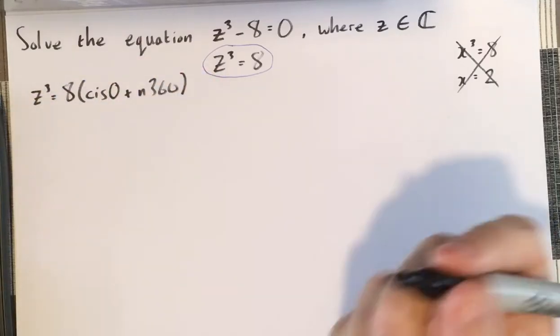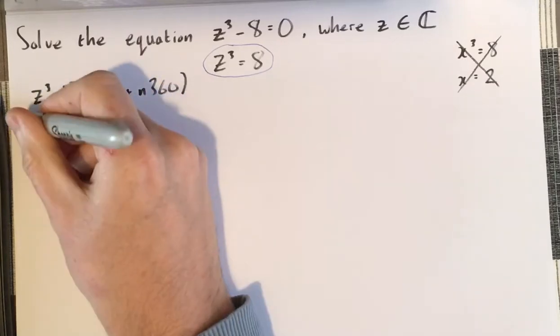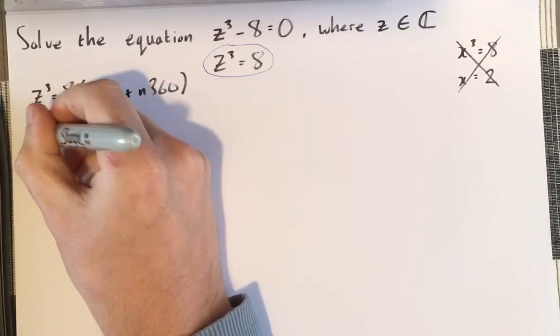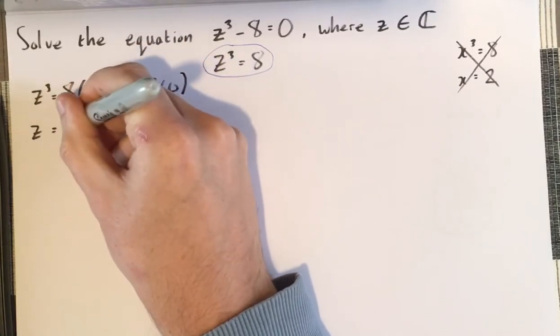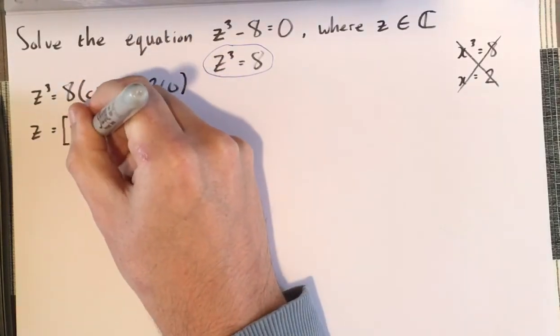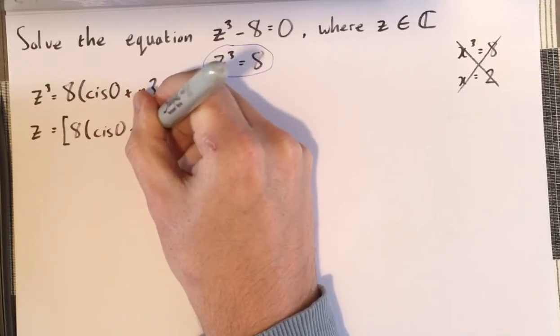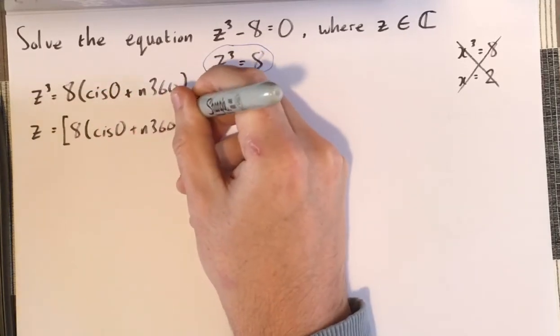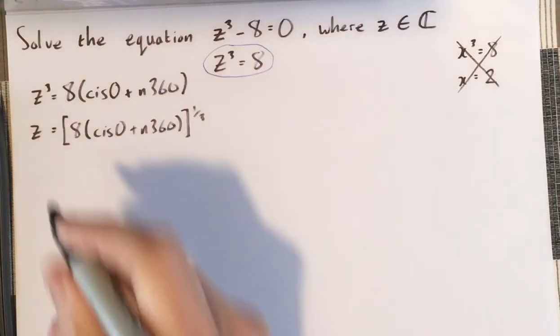So take the cube root of both sides, both sides to the power of a third, to get rid of this 3 over here. So z is equal to 8 cis 0 plus n 360, to the power of a third.